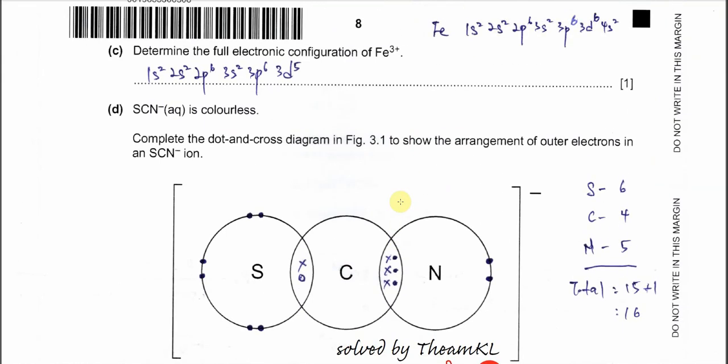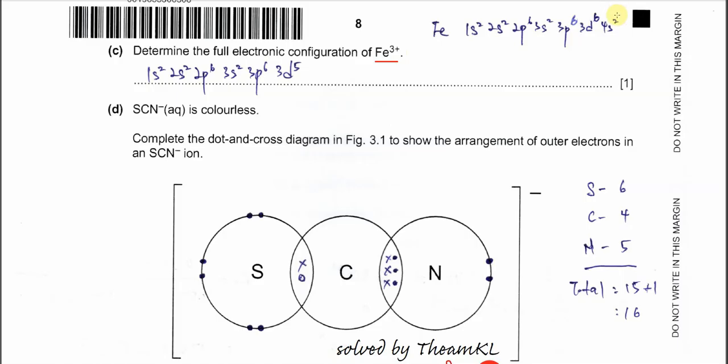Part C determines the full electronic configuration for iron 3. In order to figure out the full electronic configuration of iron 3, of course it's better for you to know the electronic configuration of iron. It's 1s2, 2s2, 2p6, 3s2, 3p6, 3d6 4s2. If iron ionizes and forms iron 3, 3 electrons are removed.